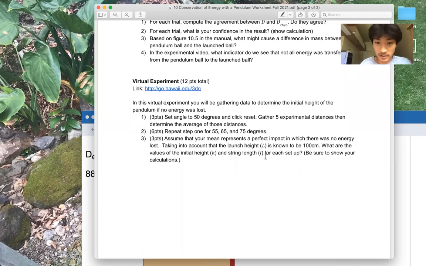In the solutions, they actually do it only for 55, 65, and 75 degrees. So you only need to do it for these 3 angles, where you have to find h and the string length. Since they're saying that energy is conserved, you can use your equation from the theory, since that's also assuming energy is conserved.